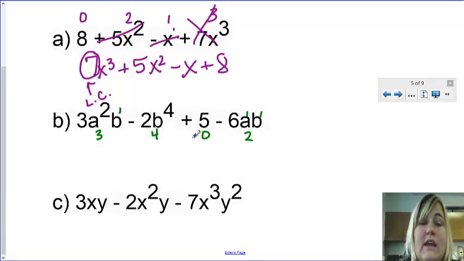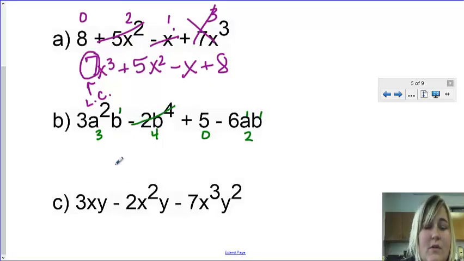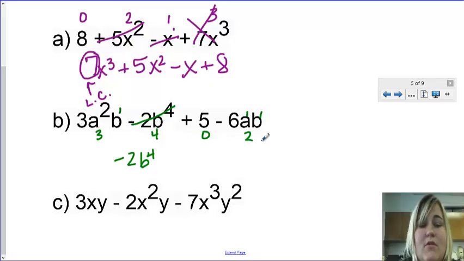Now I need to write it in descending exponential order, or standard form. So the highest degree of these degrees that I have written down here is 4, which goes with this negative 2b to the fourth. So I'm going to write negative 2b to the fourth. Next, out of 3, 0, and 2 is 3, so I'm going to put plus 3a to the second b.